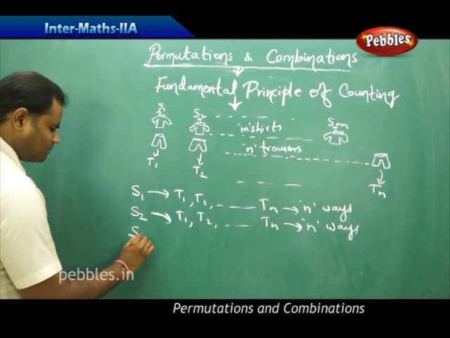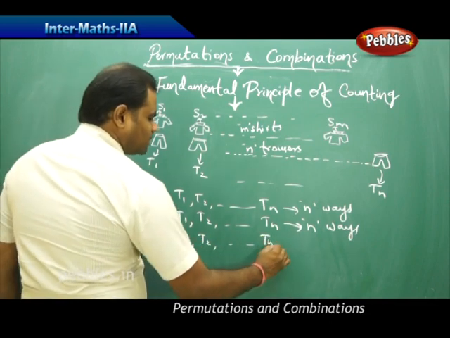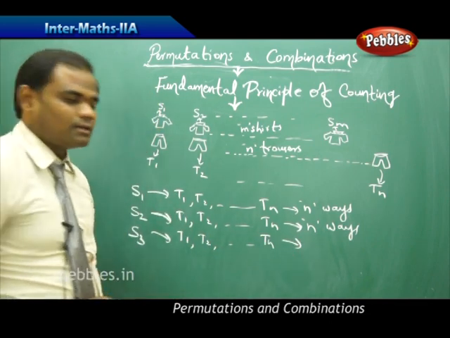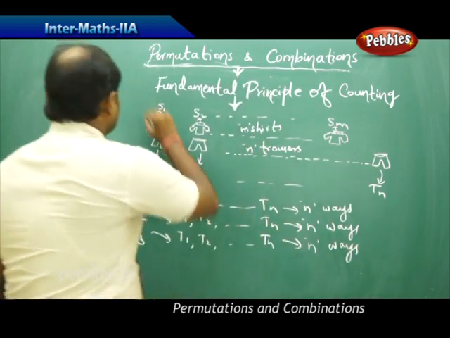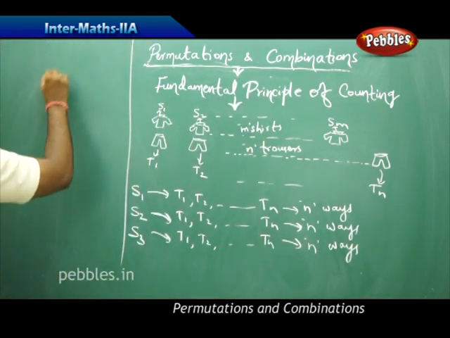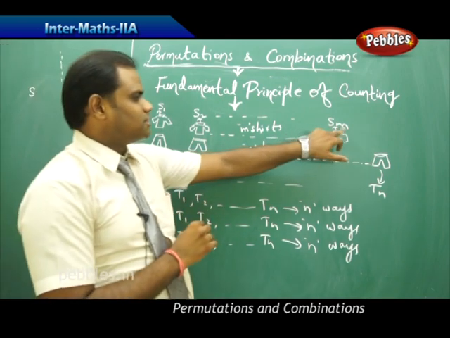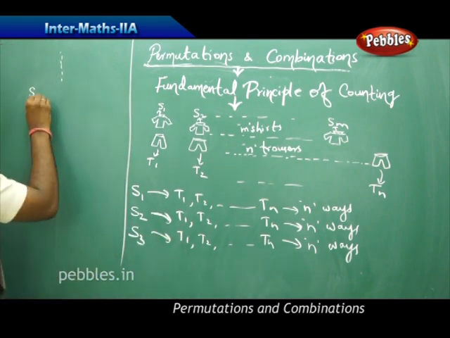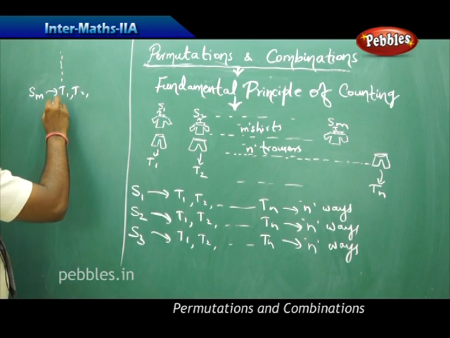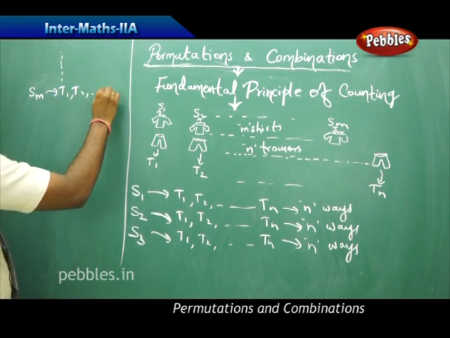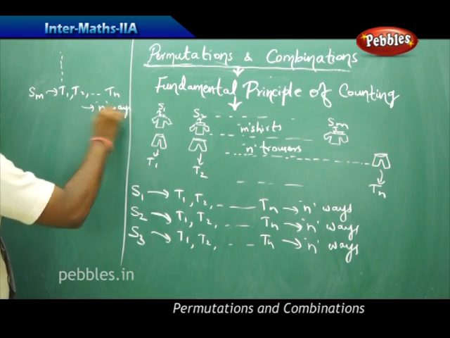Now similarly, my shirt 3, if I wear it with each of the trousers, totally N trousers, can be done in N ways. Similarly, if I proceed, my last shirt, which is SM, can also be worn with trousers T1, T2, so on and so forth till TN, in N ways.